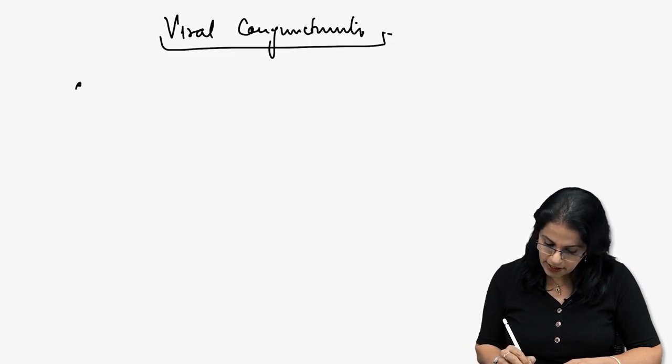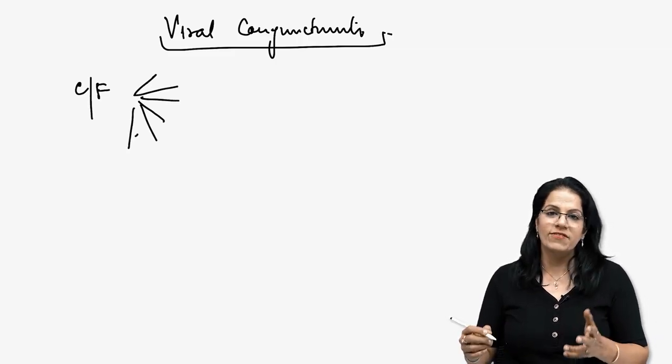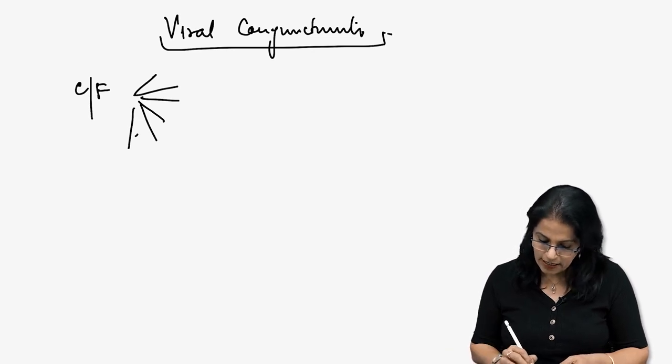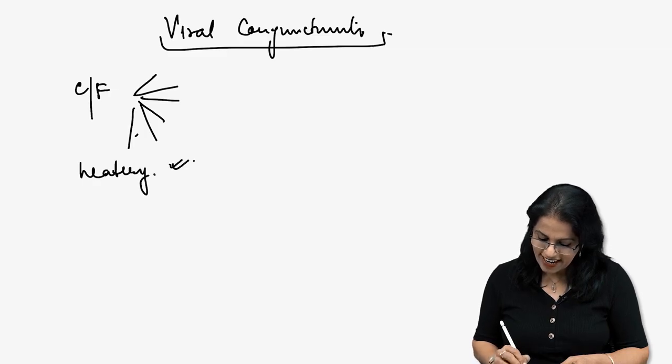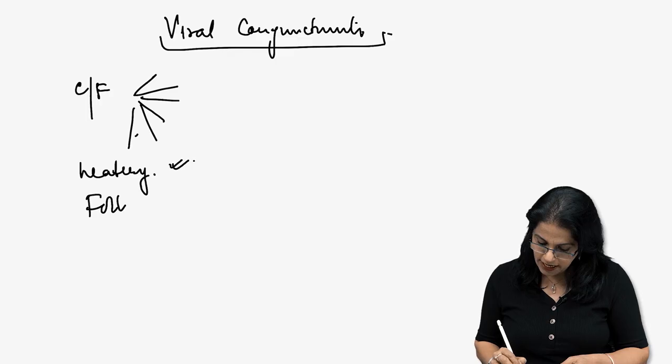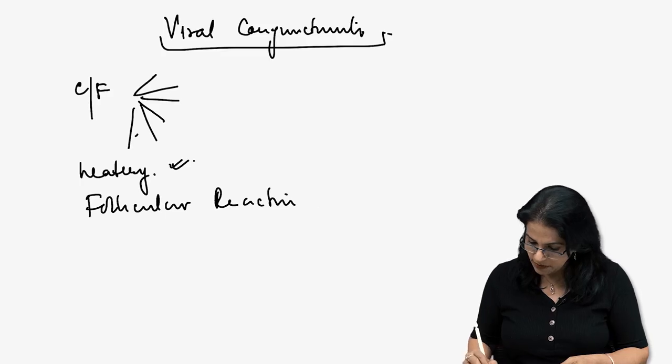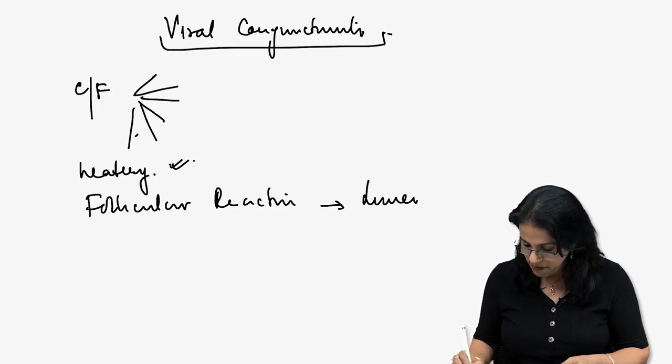Again, the clinical features are the same, five as we know. It is more contagious, we all know that. It is mainly the watery discharge which is important, and the follicular reaction, again a very important point, mainly involving the lower lid, the lower palpebral conjunctiva.